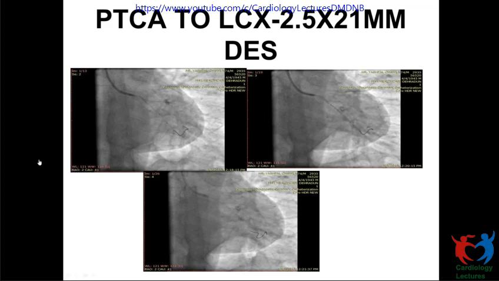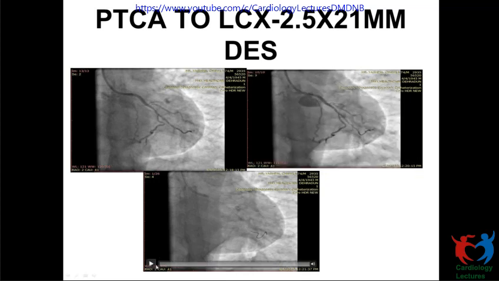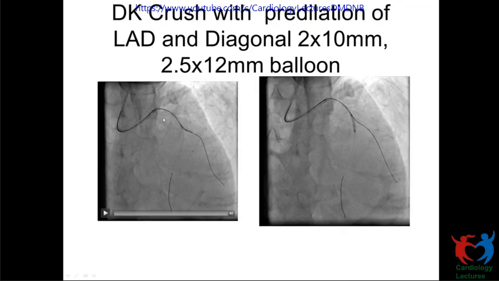First we did LCX stenting. You can see this is pre-dilatation followed by a 2.5 by 21 stent, and this was the result in LCX. To my surprise, I could not wire this diagonal with a workhorse wire.